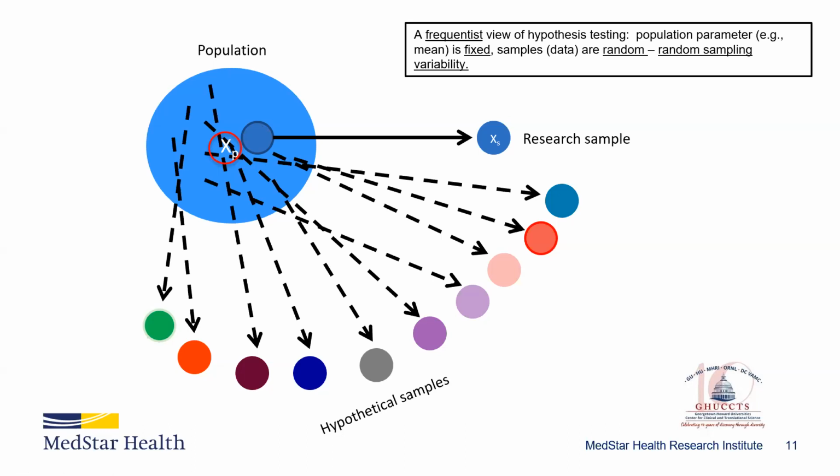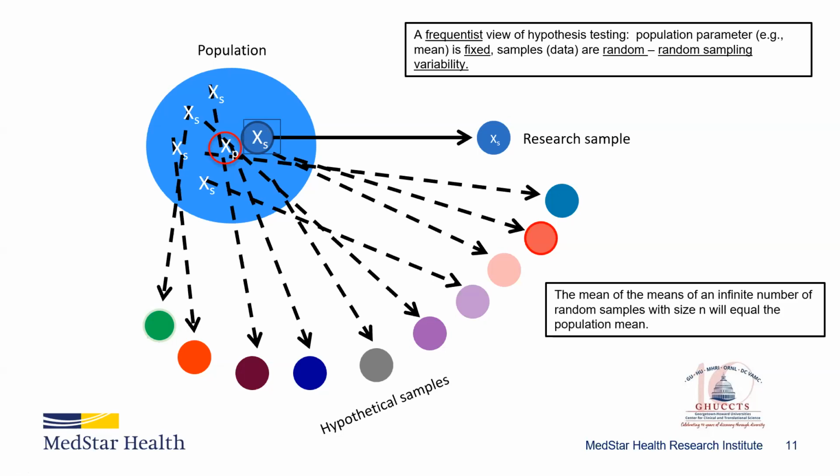There's a sample mean for each of these samples, which is likely not all the same. But if we were to draw enough random samples with the size of our research sample, then the mean of our sample means will equal the population mean.